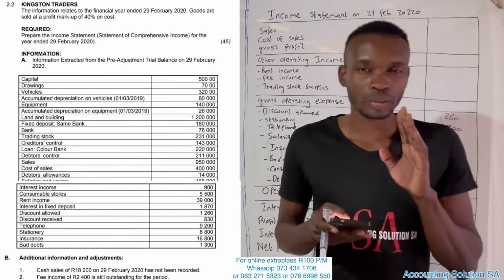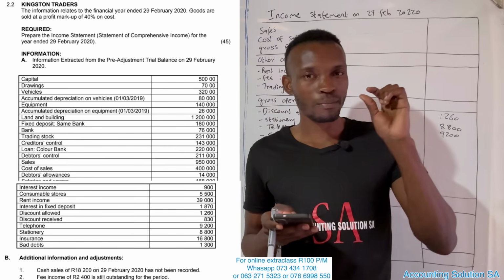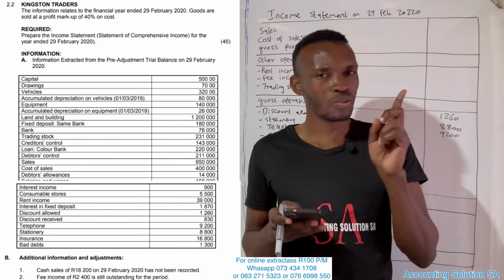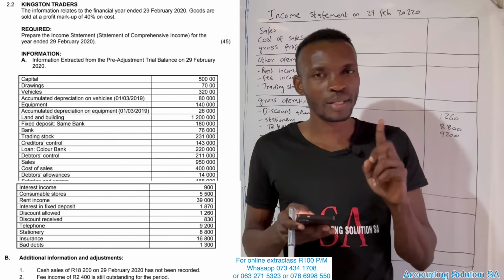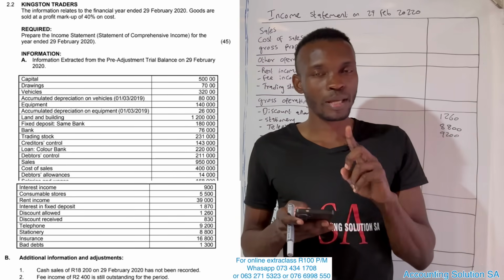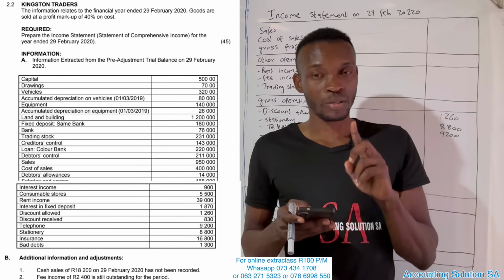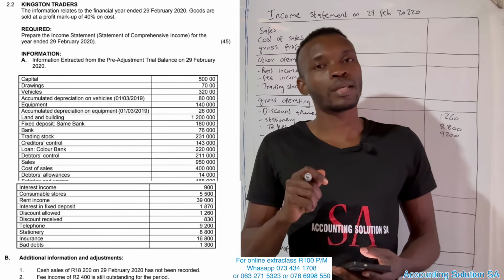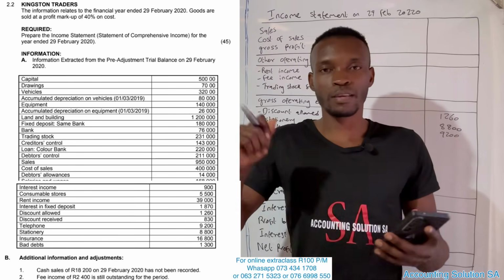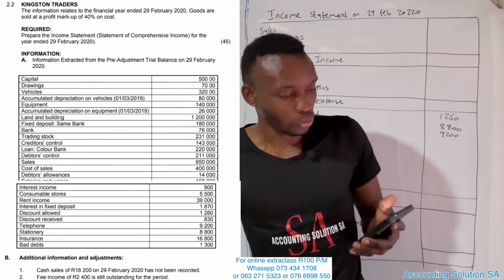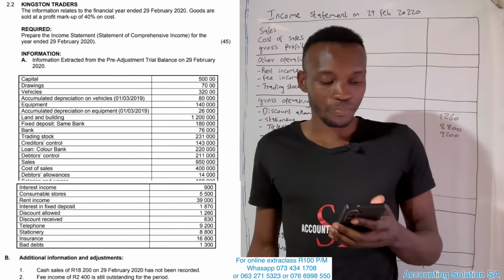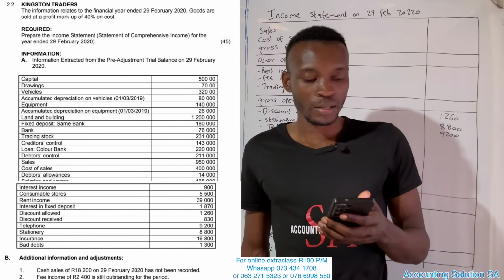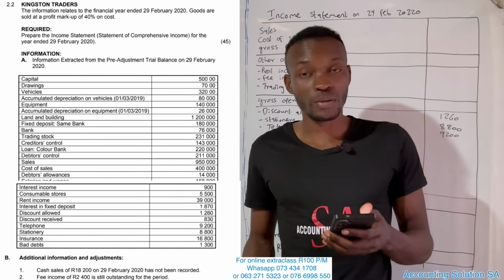Once they give you a markup, know that somewhere you are going to calculate a selling price or the cost price using this markup. The formula is always 100 plus 40, which gives you 140. Simple. Required: prepare the income statement for the year end 29 February 2020.